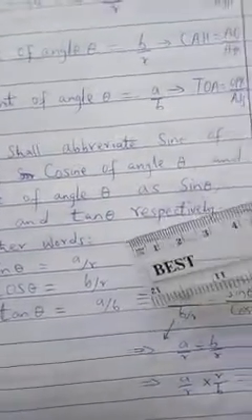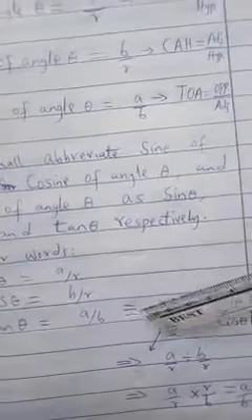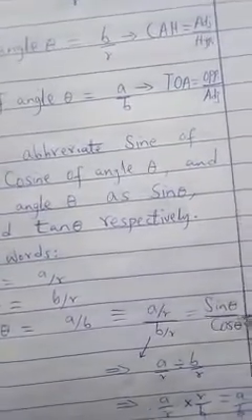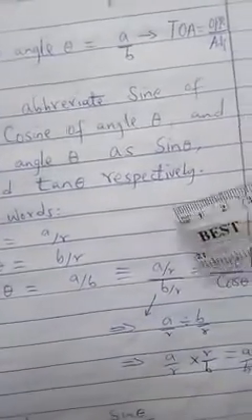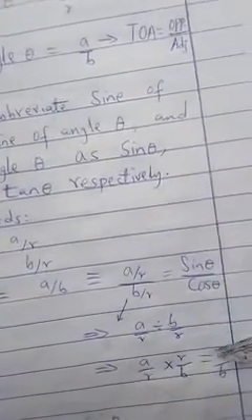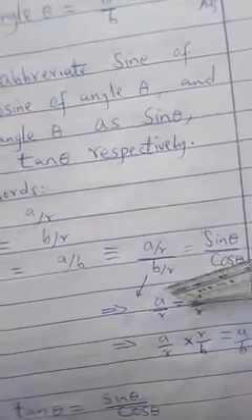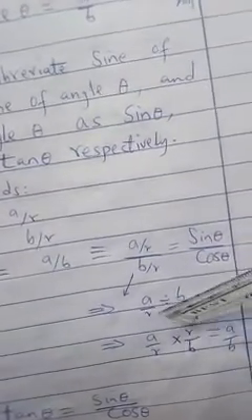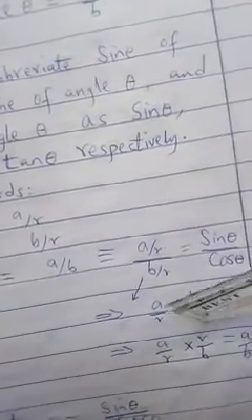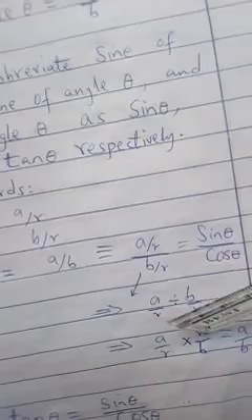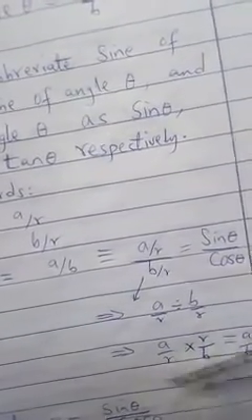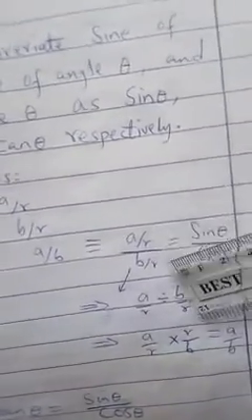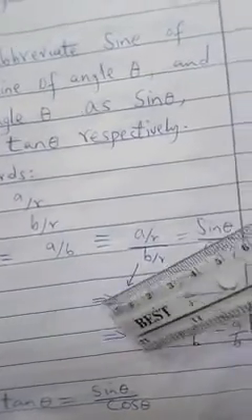Tan theta is equal to A all over R divided by B all over R. That is sin theta all over cos theta. To change this division to multiplication, we take the reciprocal of the second fraction, B all over R, which will be R all over B. So you have A divided by R times R divided by B. You can see R in the numerator will cancel R in the denominator.